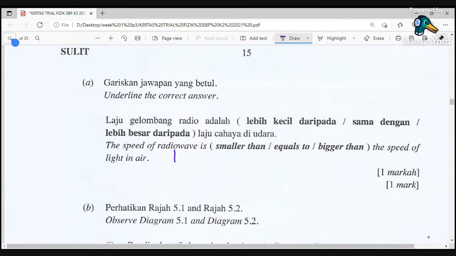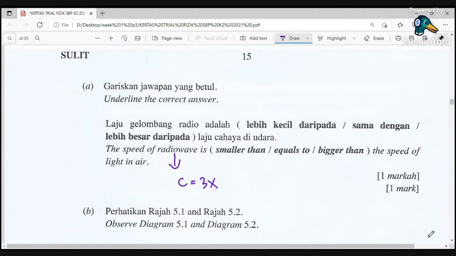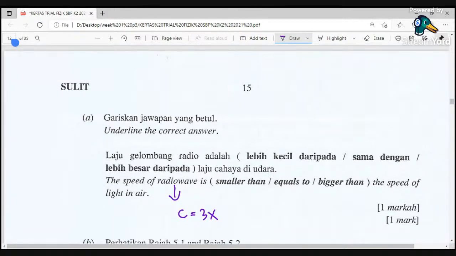Radio wave is electromagnetic wave and travel with speed of light, which is 3 times 10 power 8 meter per second. The speed of light in air, same as in vacuum, also 3 times 10 power 8 meter per second. Okay, thus equal. Underline the correct word. Okay, sama dengan.